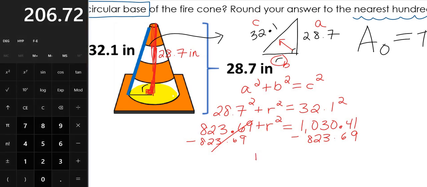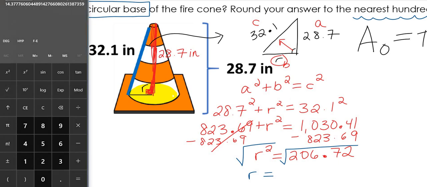So now I have r squared equals 206.72. Now I don't want the radius squared, I want the radius. So I'm going to take the square root of both sides, and now I'm going to get the radius is equal to, let's go to my calculator, click square root. Well, it's not a very pretty number.